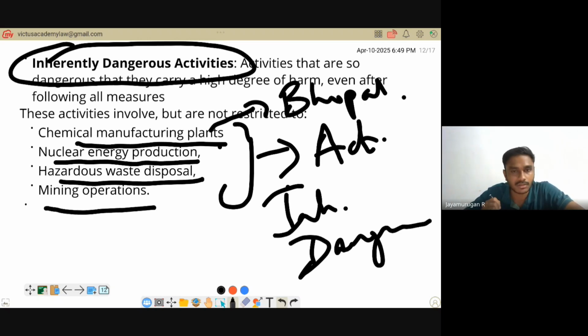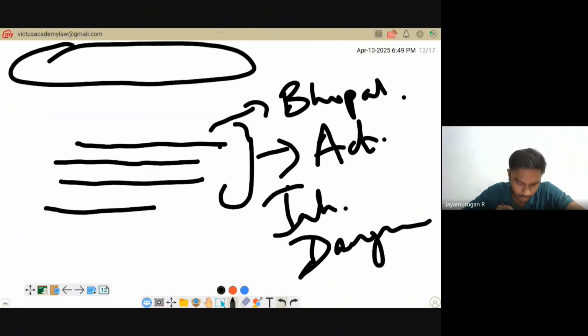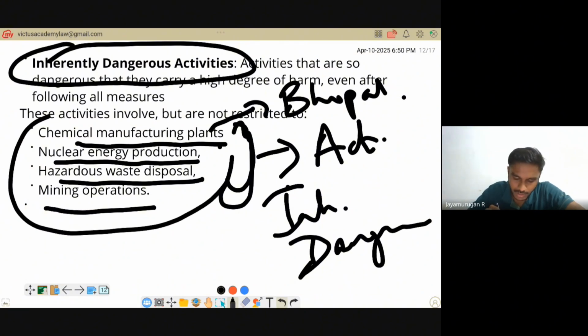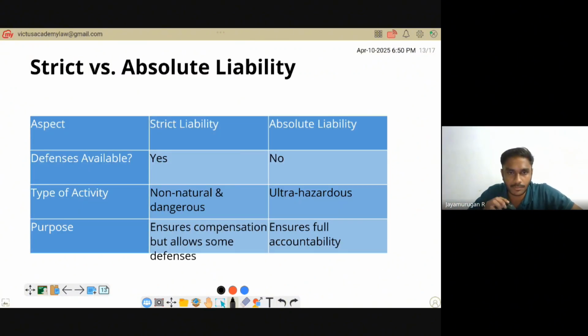Fourth, mining operations. These are a few examples, but the list is not exclusive. For understanding, we have stated these examples for you. So that is all with absolute liability. Now let's see the difference between strict and absolute liability.